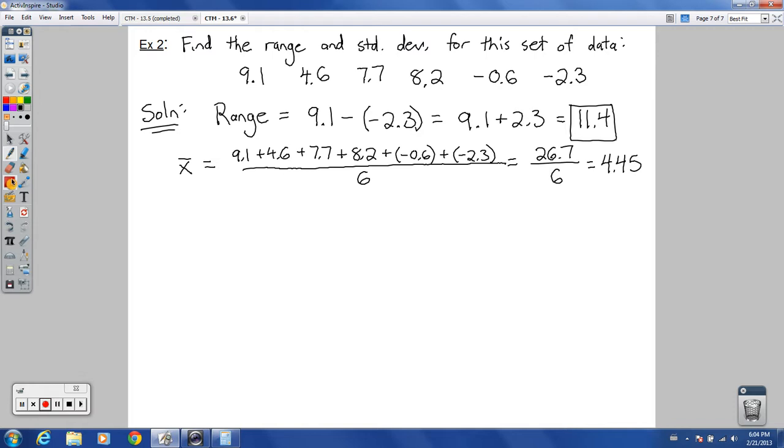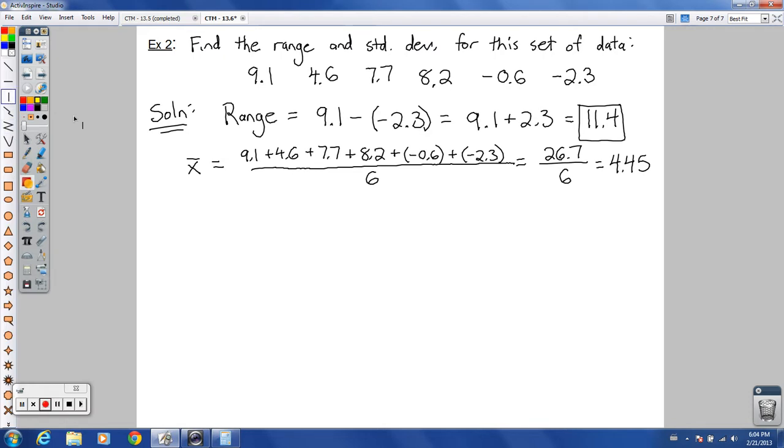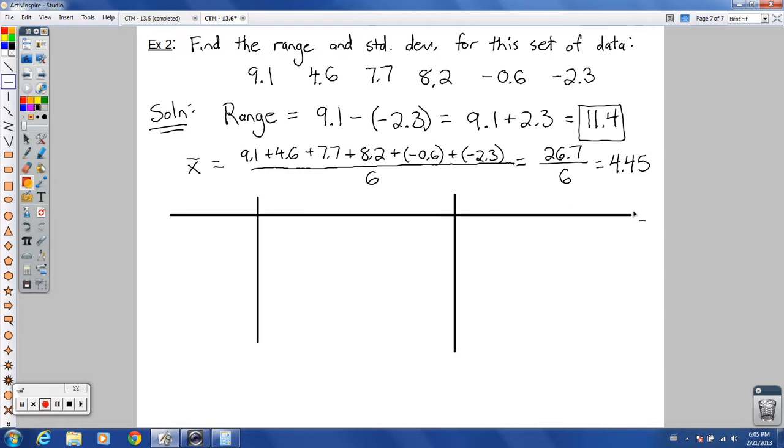Let's make a table now. Table with 3 columns, just like before. I'm going to leave a little bit of space down here for my standard deviation calculation in the end. And then my headings. I'll draw in some yellow lines.